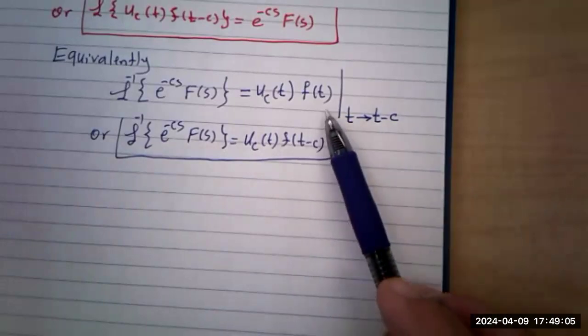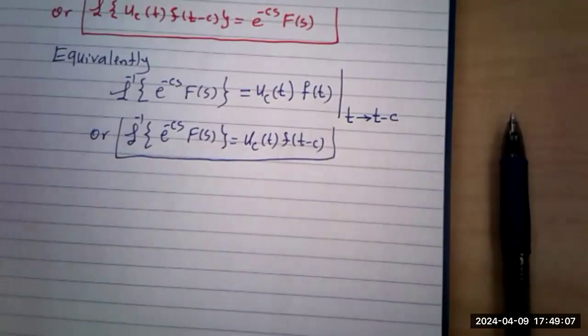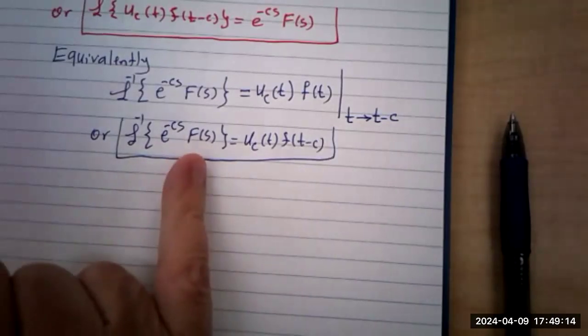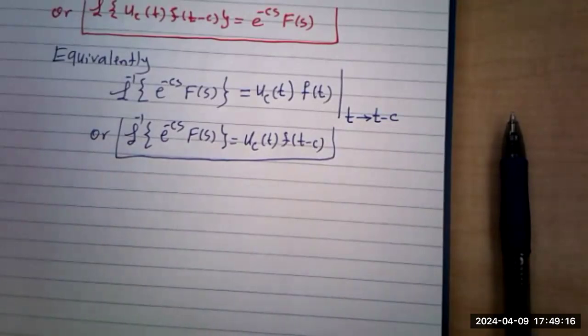whatever f of t you got, you change it into f of t minus c. For example, if c is pi, and you find the Laplace inverse of your function and arrive at sine of t, you have to change it to sine of t minus pi. I'm going to work on this next time for you. It's quite interesting. It's not going to be something easy to handle.